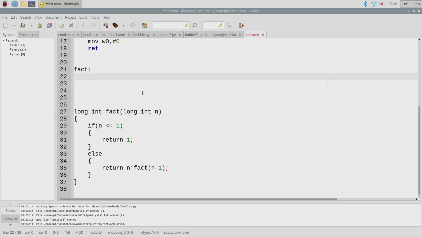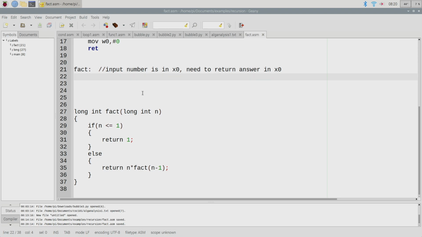Okay, so we need to take in our input number in x0 because that's the calling convention for functions, and that's a Linux thing, not an ARM thing.